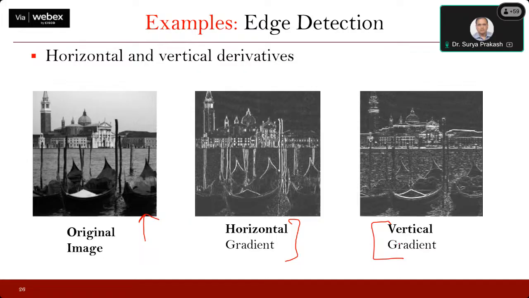Now you can see that in the gradient where you are talking about horizontal calculation, when you are moving in the horizontal direction, you are basically highlighting the vertical edges. If you look at this image carefully, all the edges that you are seeing are vertical like this.